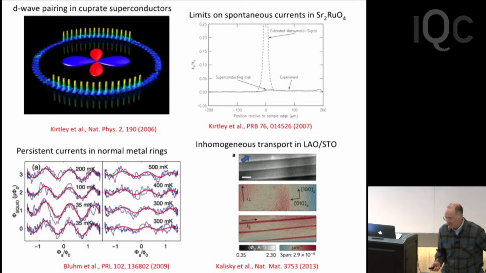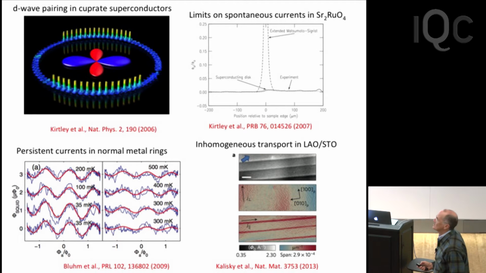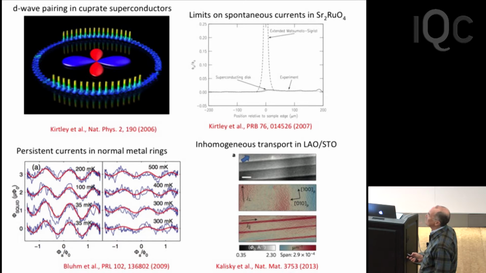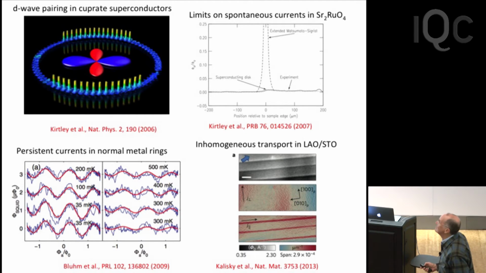The SQUID microscope has been used for a wide variety of applications, and I've just flashed some of them up here. It's been used for determining the pairing symmetry in the high-temperature cuprate superconductors. It's been used to place limits on the spontaneous currents in strontium ruthenium oxide, which is believed to be a p-wave superconductor.